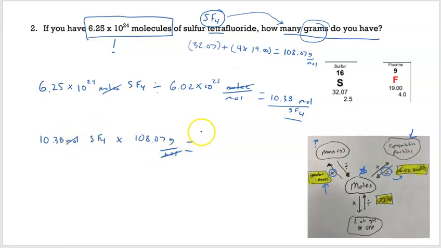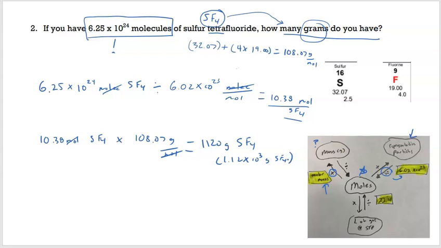And that's going to give me a grand total of 1,120 grams SF4, or you could do 1.12 times 10 to the third grams SF4 if you wanted to use scientific notation on that one.